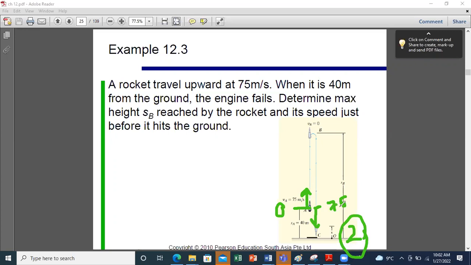You know why? Why? Because you have conservation of mechanical energy here. You don't have any source of loss. You don't have friction. You are neglecting air resistance.